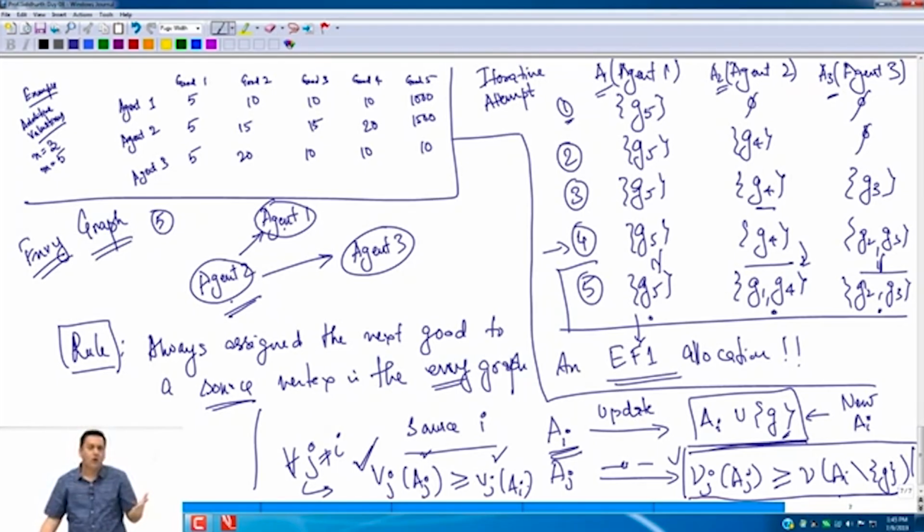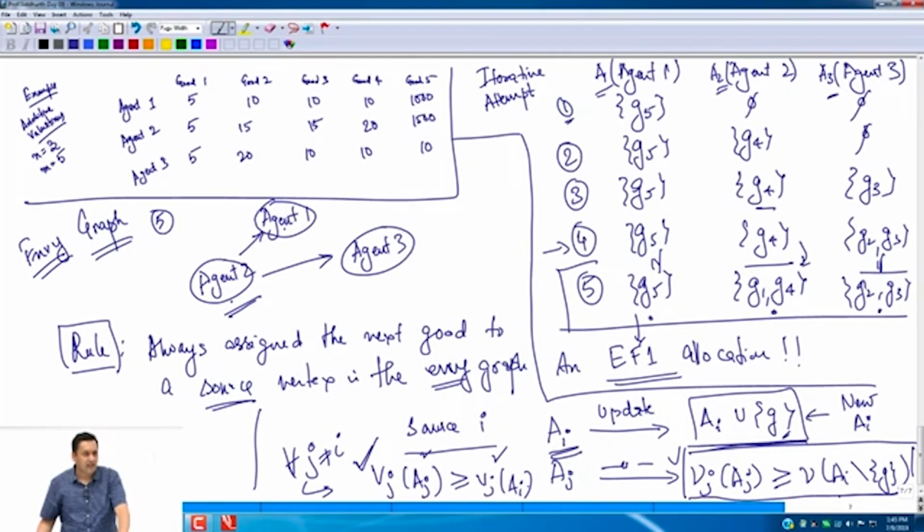So this is for all agents J that are not I. So in particular, this means that if I had an EF1 partial allocation, then even after I assign the next good, the new partial allocation that I have will continue to be EF1.